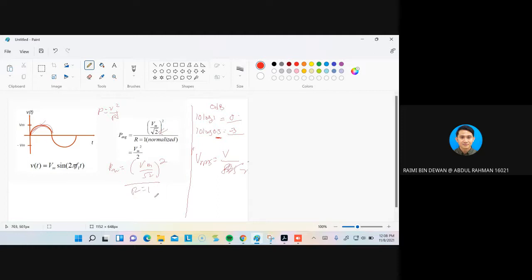Why do we use R1? Because it is normalized by 1. Later on you will see why we normalize by 1. Let's say I want to normalize by 50 ohm. 100 ohm normalized with 50 ohm means 100 ohm divided by 50 ohm, so you have 2 ohm normalized.